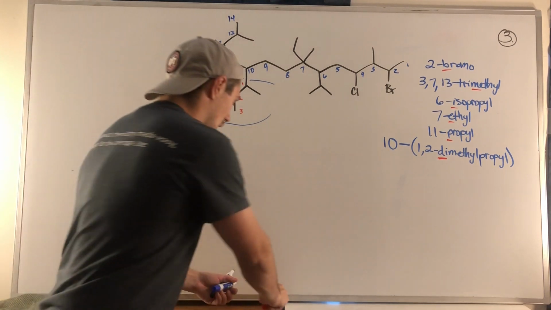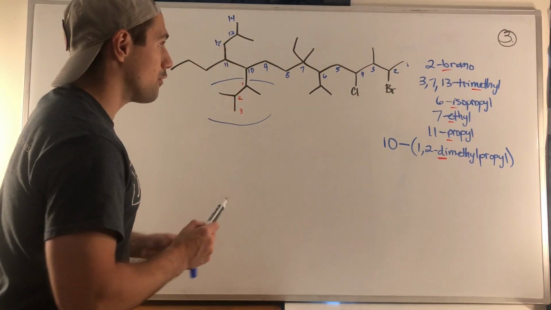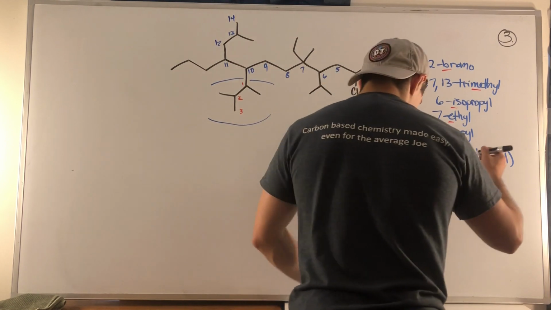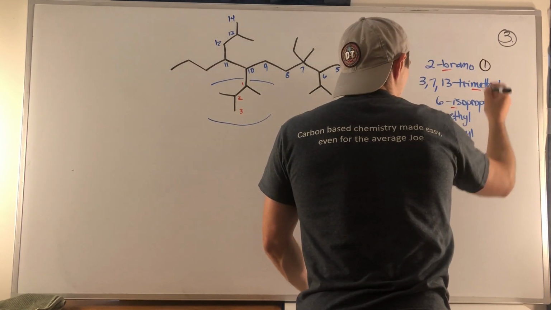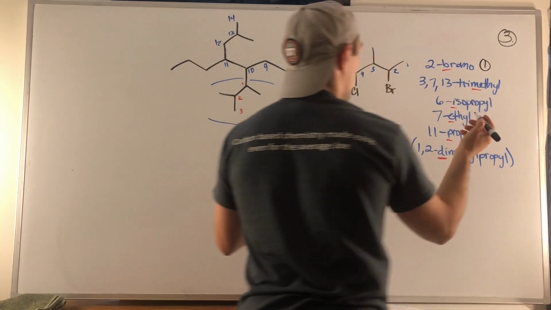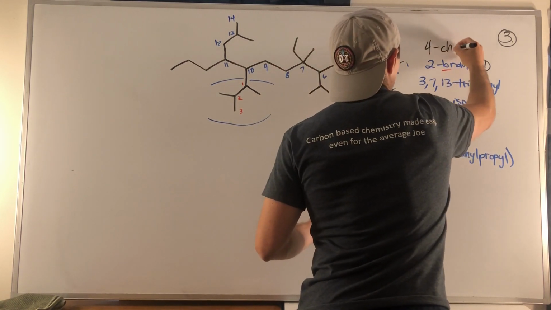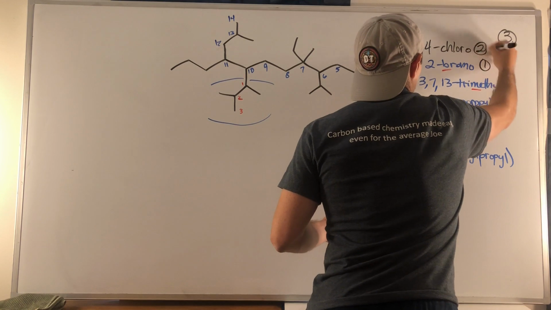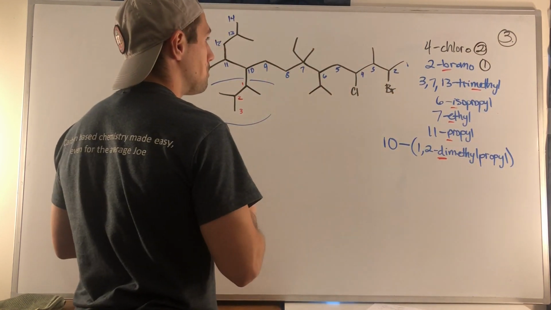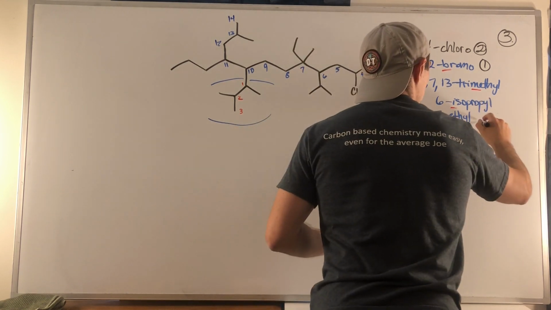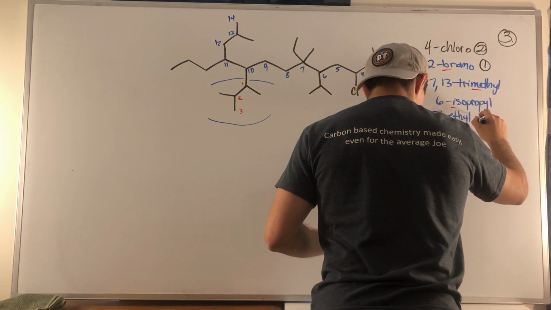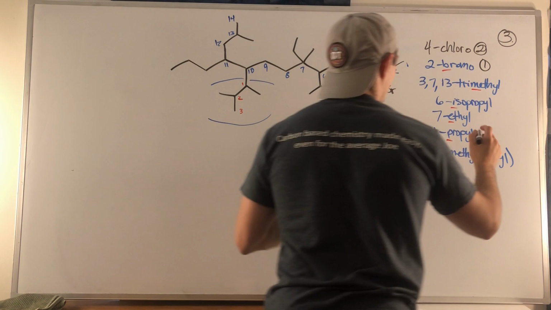If we're going to use our wonderful knowledge of the alphabet, bromo will come first. Then, oh, and here I go, I even forgot 4-chloro. That comes second. And then we have the ethyl takes the cake with, or no, I apologize.